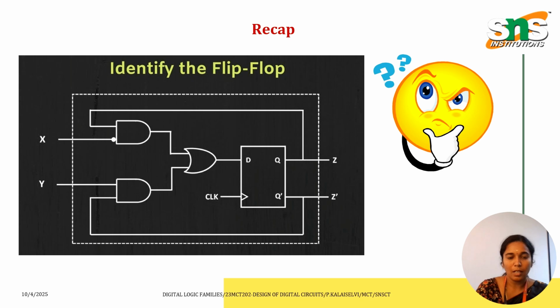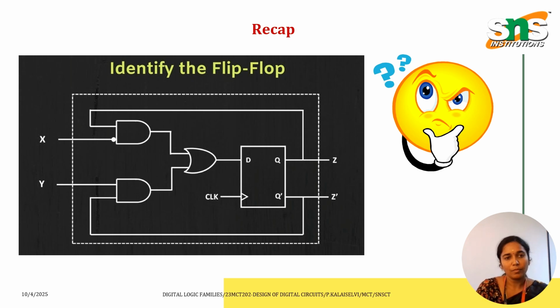Based on the clock signal, it will enable the flip-flop. So a flip-flop is nothing but a 1-bit storage device which is used in registers, counters, and sequential circuit memories.